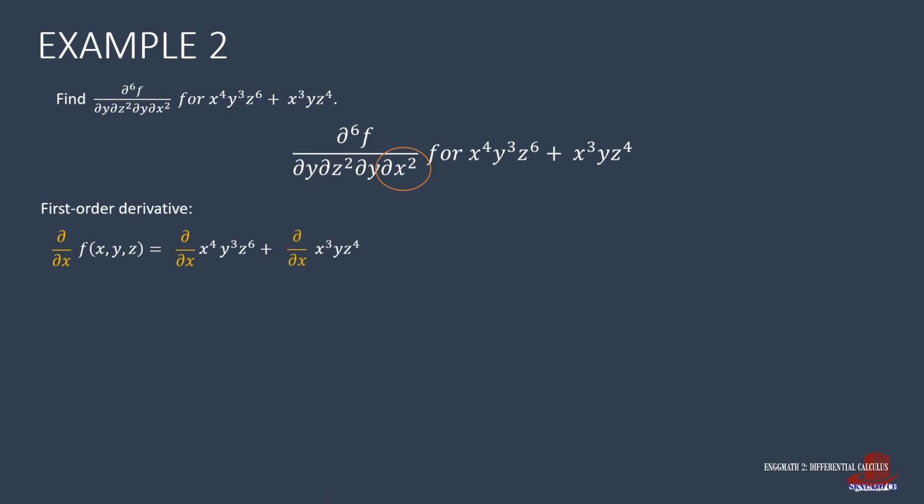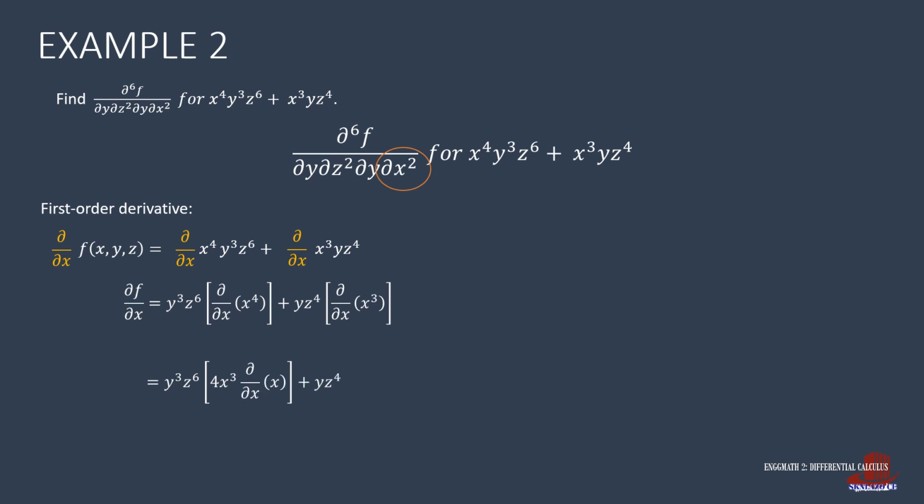So the function is differentiated as y cubed z raised to 6 times the derivative of x raised to 4 plus y z raised to 4 multiplied by the derivative of x cubed.